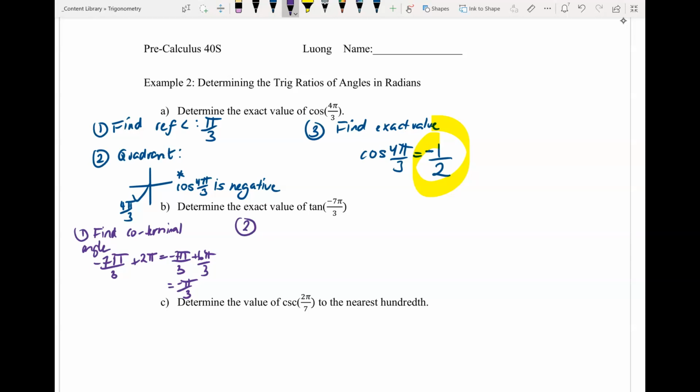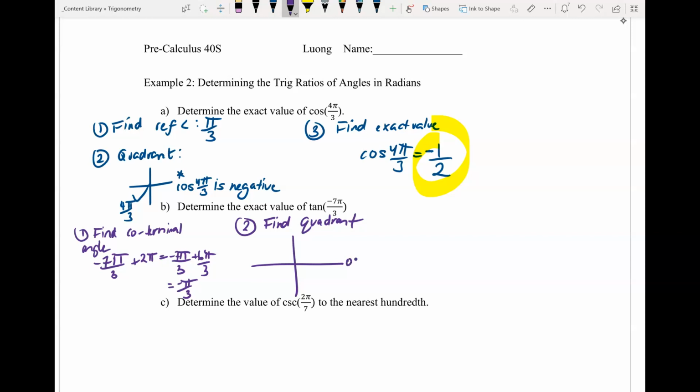The second thing we're going to do is find what quadrant our angle's in. Because our angle is negative, usually we would go counterclockwise to figure out our angles in the positive direction. But if it's negative, we go clockwise.